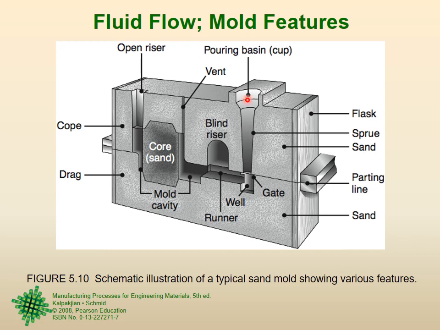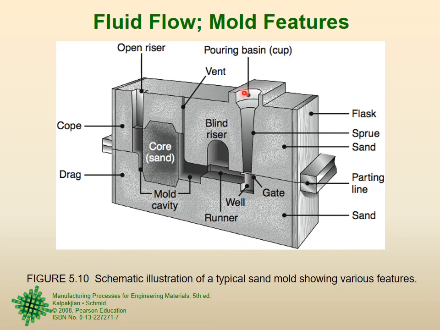Then we cut a conical path from one side. A conical path, if you see, is larger here and smaller here. So it is like a cone ice cream, right? So we cut a conical path so that we can pour the metal into the sand mold from here.